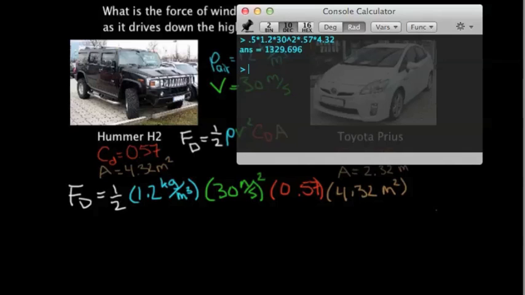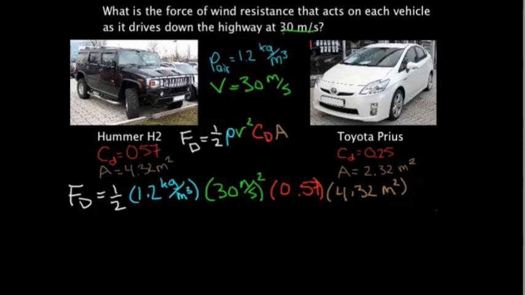Let's see what that gives us. 1,329.6. We're just going to take the first four. So that came out to be 1,329.